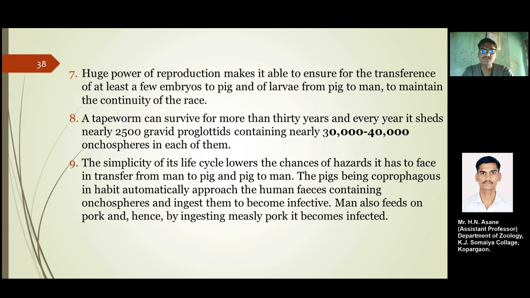Okay, the pigs, being coprophagous, habitually approach the human feces, okay, and that coprophagous behavior involves ingesting the oncospores, making them infective to the pig, and man also feeds on the pork, and hence by ingesting measly pork, man also becomes infected.